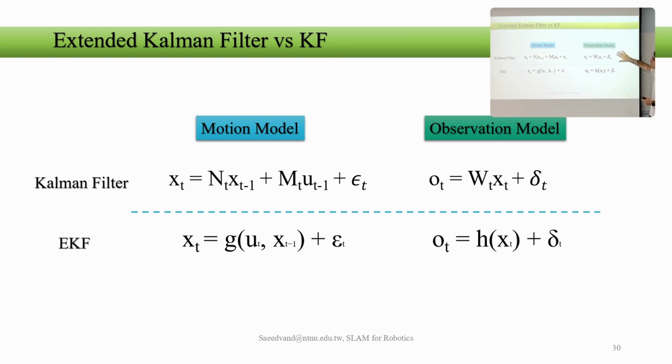We have already seen this so far for Kalman filter. Now what we are doing is just replacing it with the function g of ut and xt minus 1. So this is the ut and this is the xt minus 1. And here xt for observation, with the functions g and h.